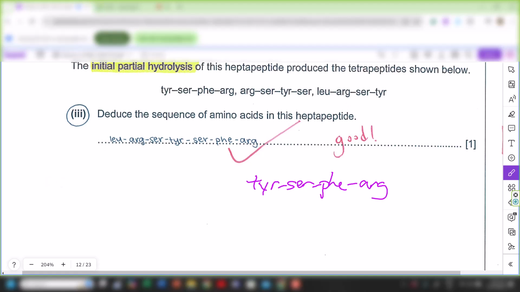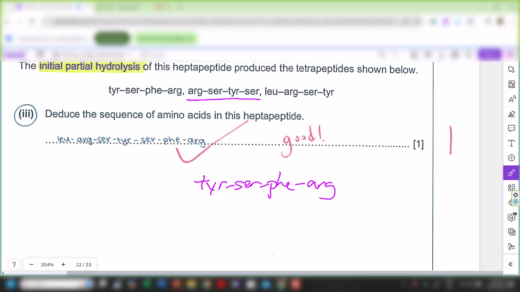Then after that, you try to see whether there is any overlap. There's an Arg here, and then Ser. Maybe I write it here: Arg, Ser, Tyr, Ser.